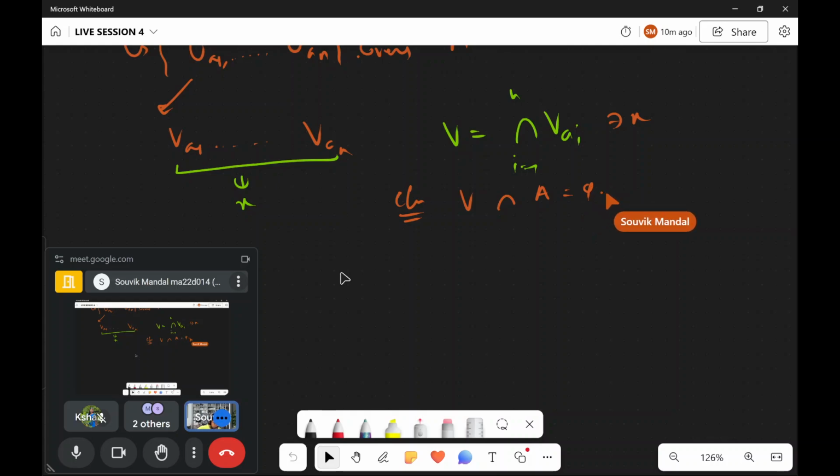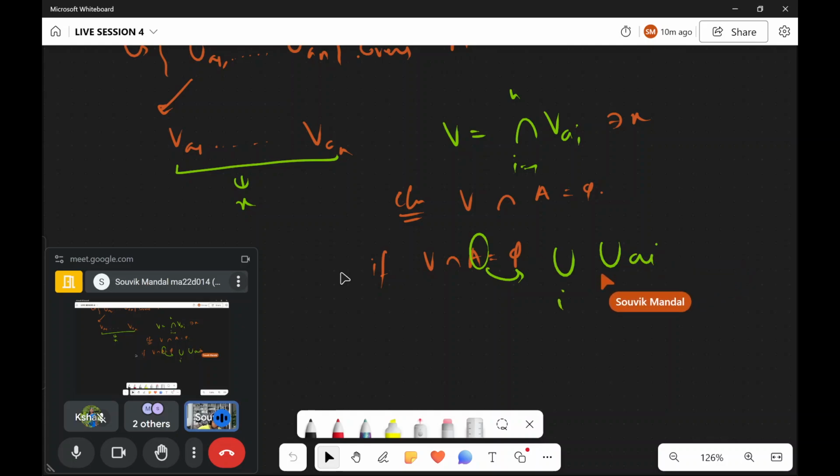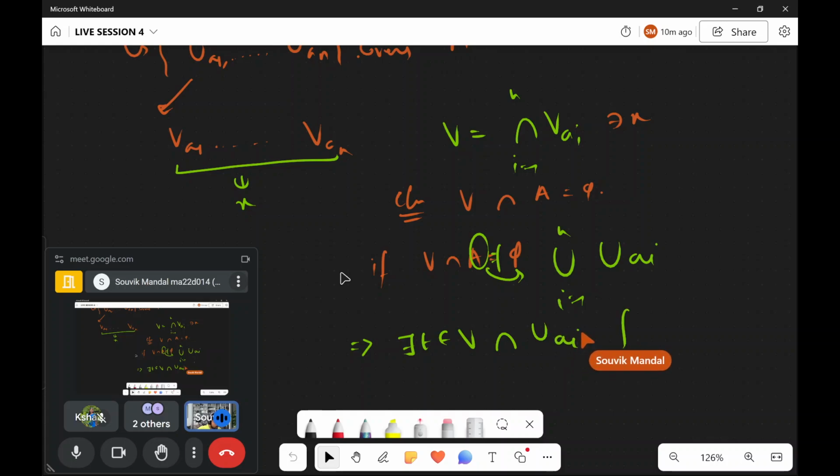Why? Because if V intersection A is non-empty, observe that A is nothing but the union of U_{ai}, i equal to 1 to n. If this intersection is non-empty, this implies there exists t belonging to V intersection U_{ai} for some i.